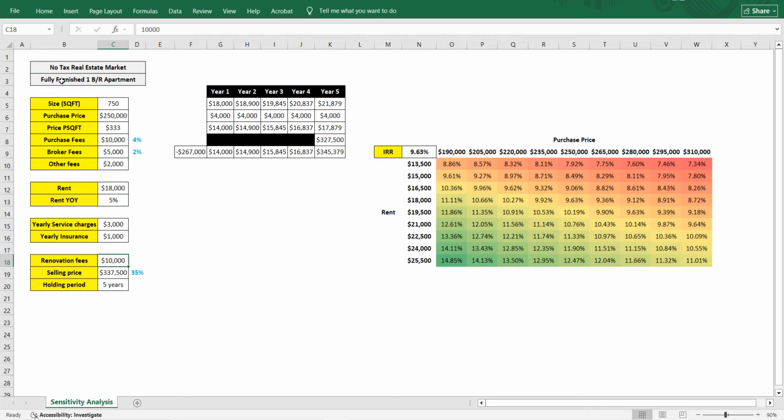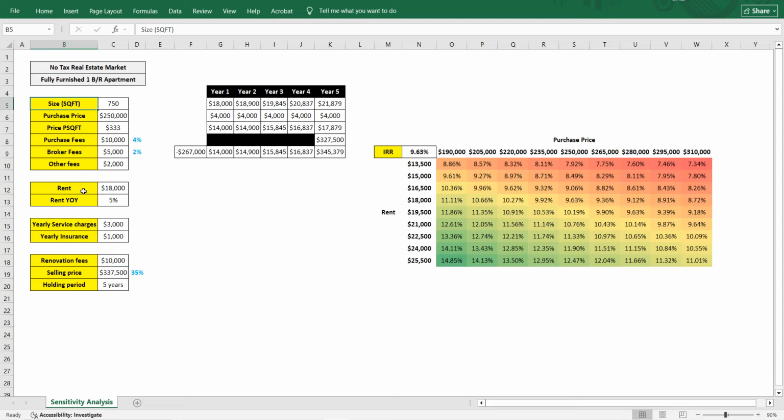In our example we'll have a fully furnished one bedroom apartment with a size of 750 square feet, a purchase price of $250,000. The price per square foot is the purchase price divided by the size. We'll have purchase fees at $10,000, which is equal to 4% multiplied by the purchase price, broker fees of 2%, and some other fees at $2,000.